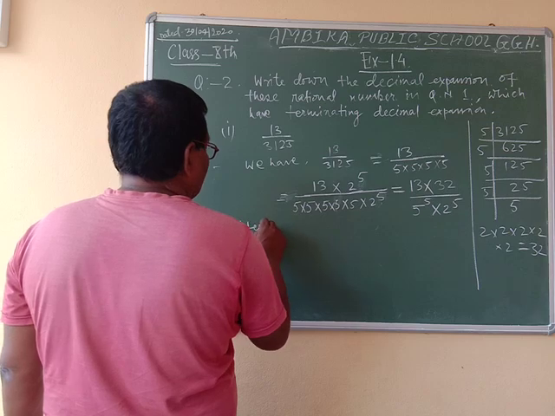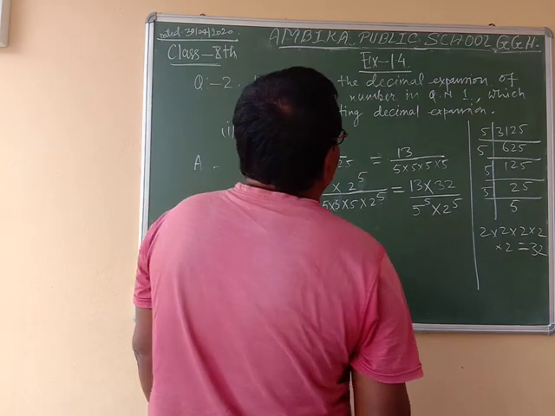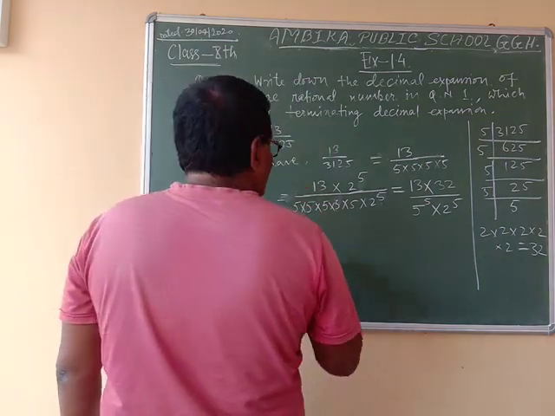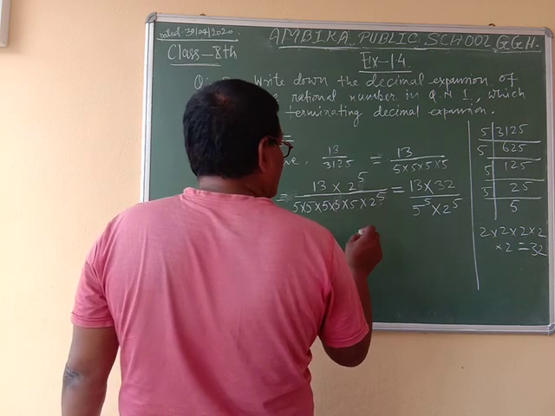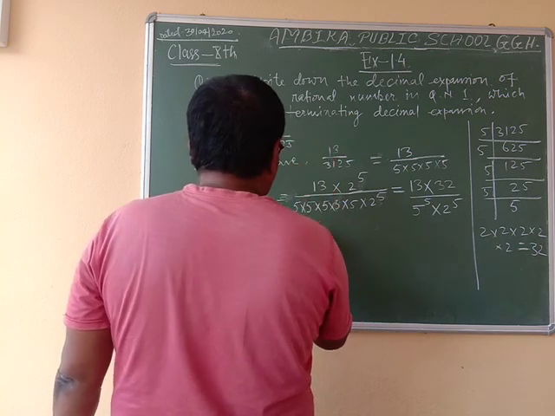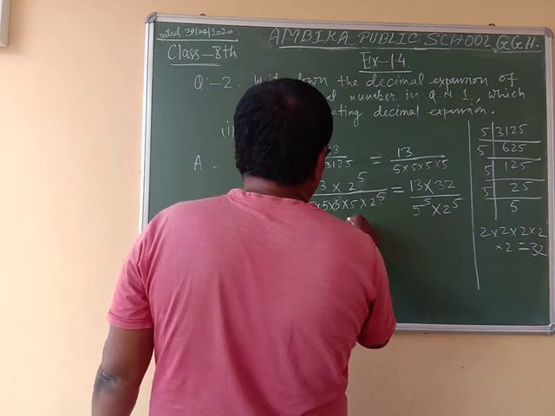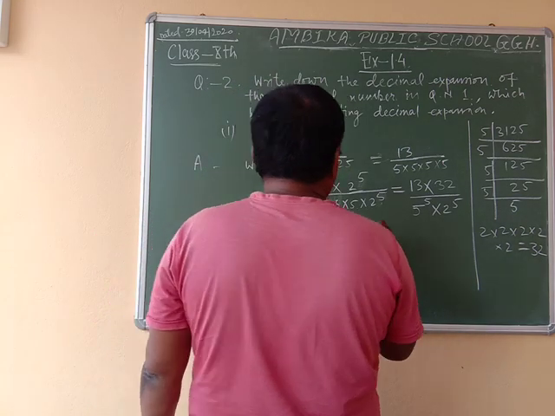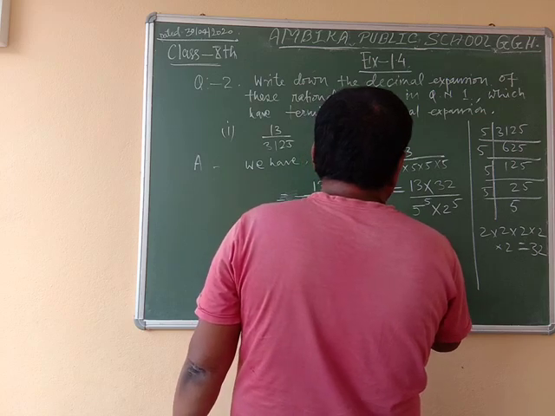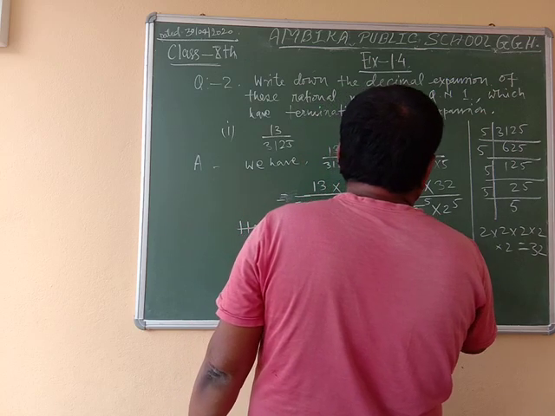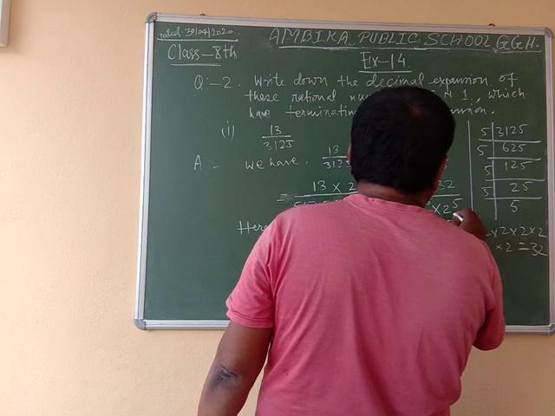Here Q is in the form of 2 to the power n into 5 to the power m.